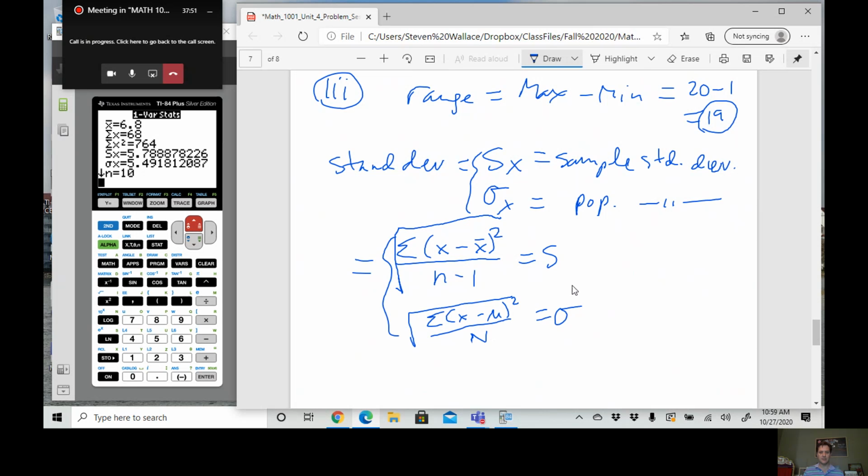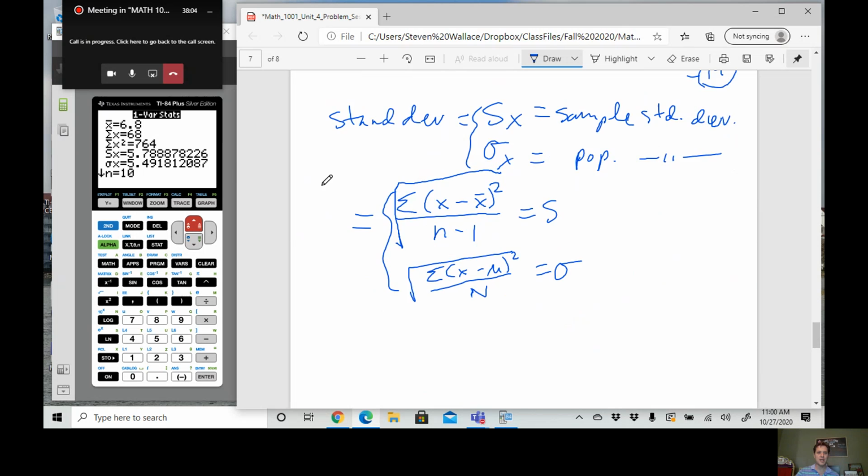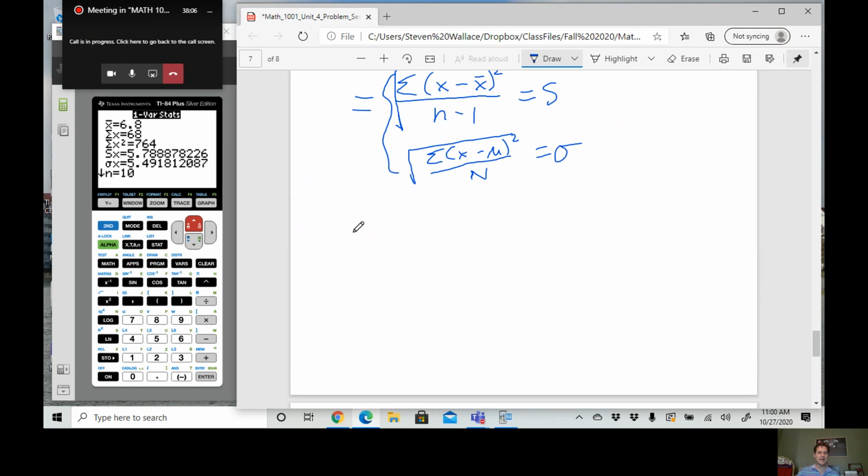But I don't think you need to worry about that. This is the formula for the sample standard deviation. Or you could just use your calculator to find it. Now, one of your projects asks you to do this by hand. So for this problem, the answer is about 5.789.